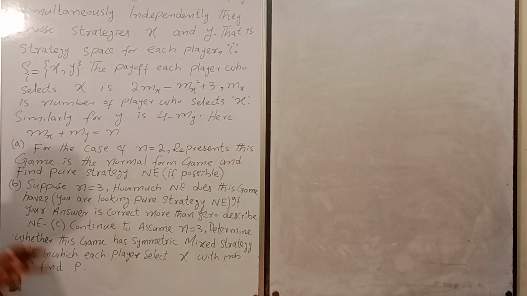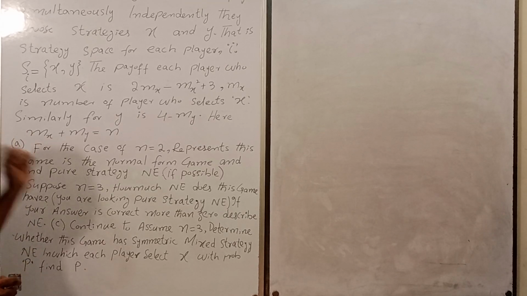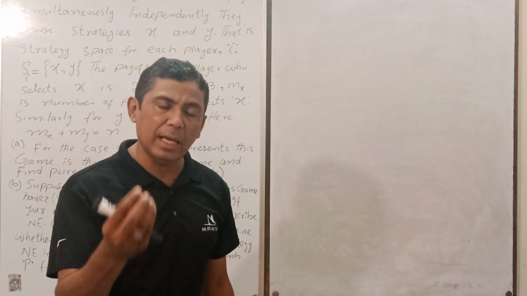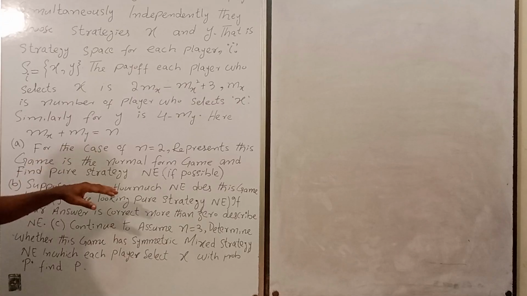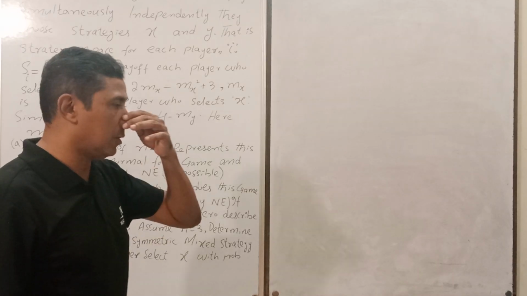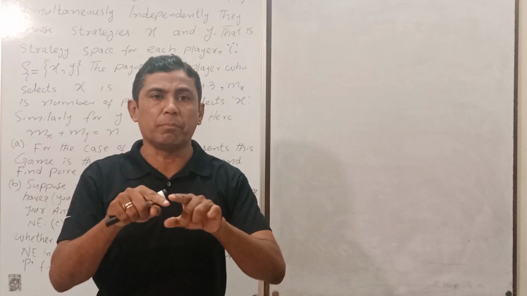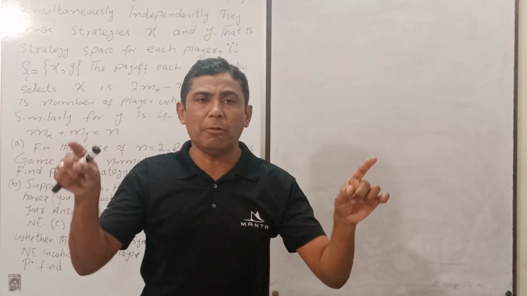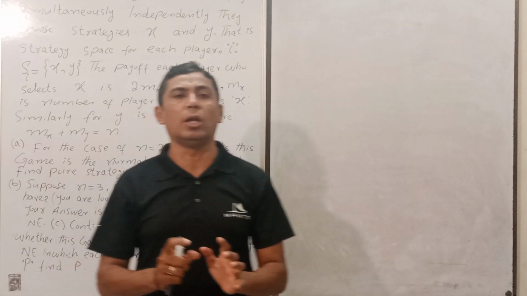The first part we have completed. What was the first part? For the case of n equal to 2, when there are two players with two strategies X and Y, represent this game in normal form and find the pure strategy Nash equilibrium if possible. In the previous lecture we drew a normal form game in the form of a 2 by 2 matrix, with 2 rows and 2 columns.